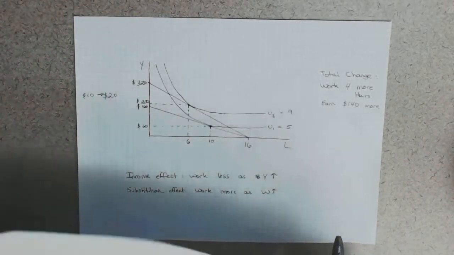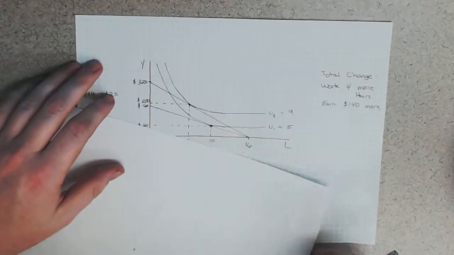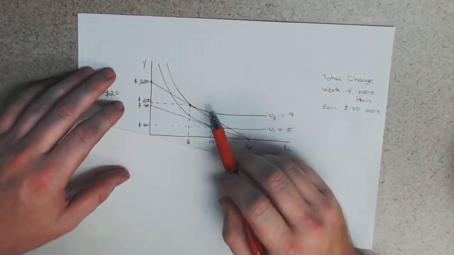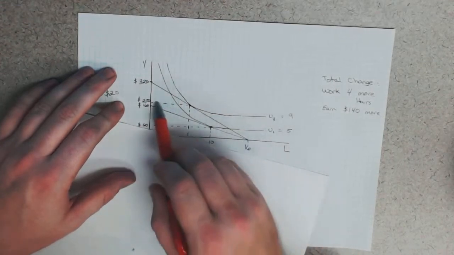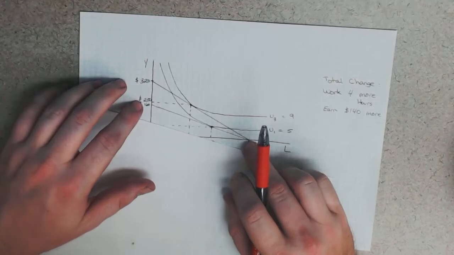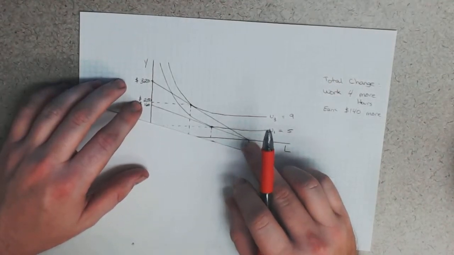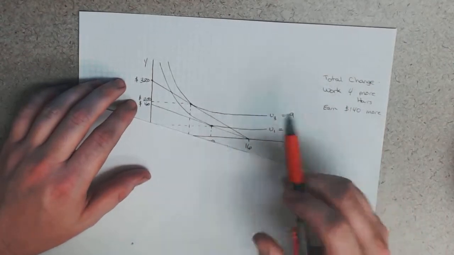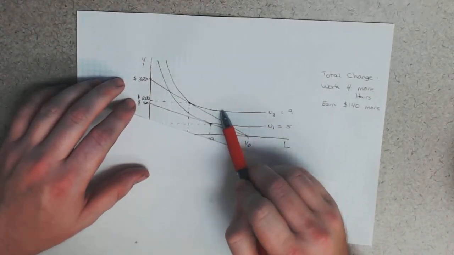What we're going to do is take our old budget constraint, and we're going to imagine that we face that $10 an hour wage, and we want to give this person enough money to get them up to their new indifference curve.